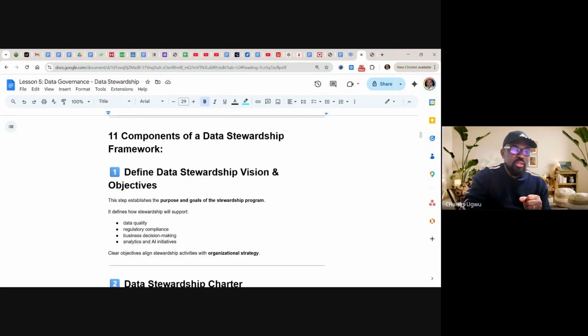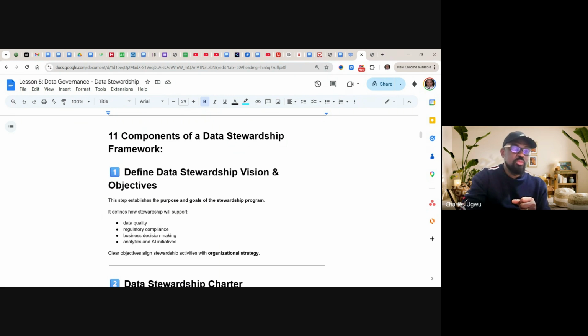Establishing the purpose and goals of the stewardship program. Identify how stewardship will support data quality, regulatory compliance, business decision making, and analytics and AI initiatives. So this is the first thing to do, to define the vision and objective.